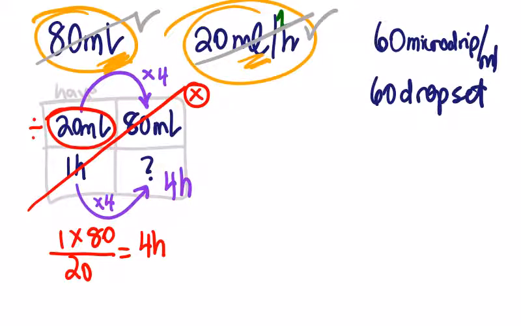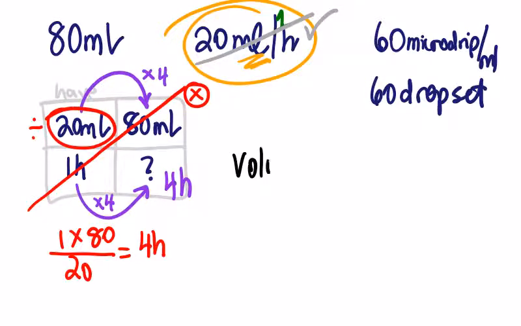So what do we have now in terms of infusion? We want to deliver the 80 mils over 4 hours, and I think we could tidy up here again. So the 80 mils is still in place just because that's what we want to deliver, the volume in milliliters over the time in hours.